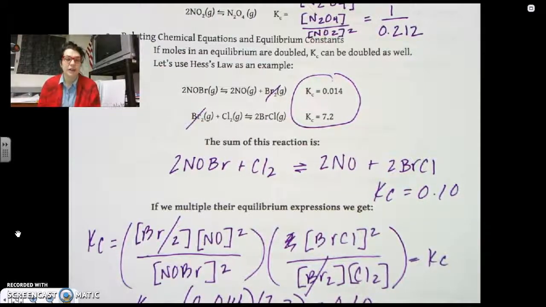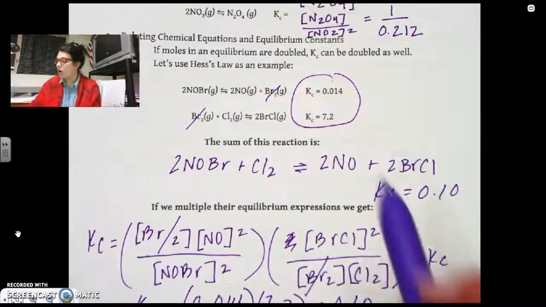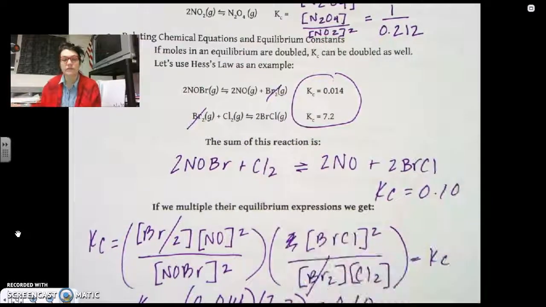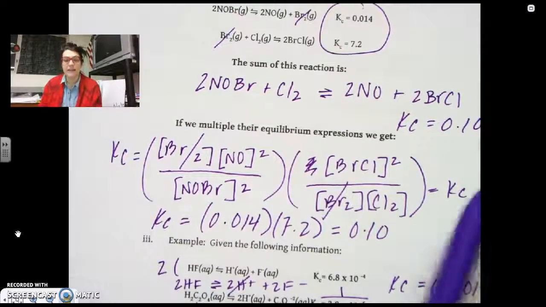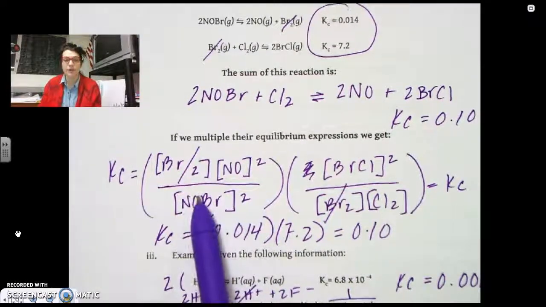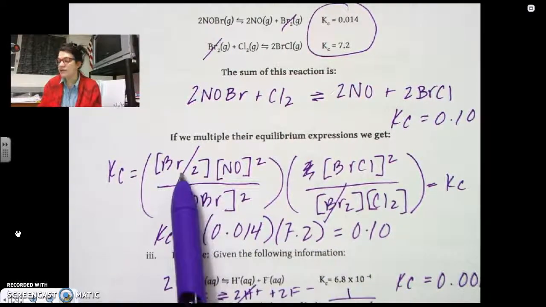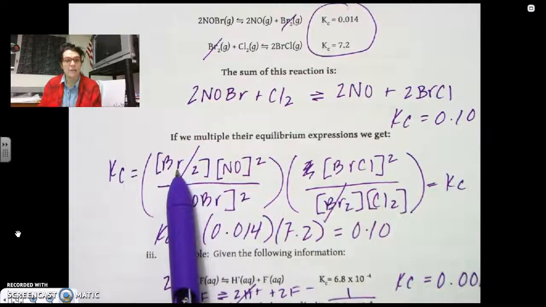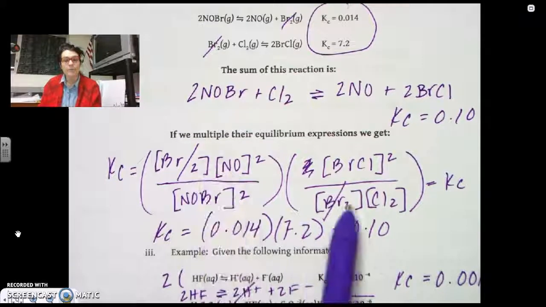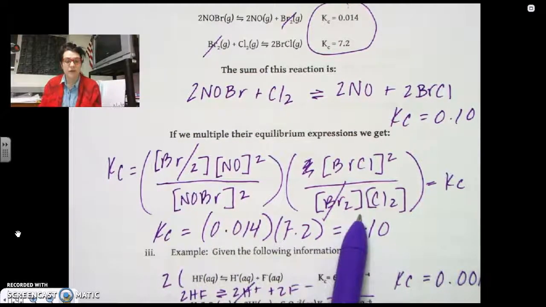And just like in our kinetics problems, if something is repeated on the reactants and products side, it's going to cancel, and we'll talk about why in a second. So Br2 is going to be canceled here. If I multiply their Kc's together, this is the Kc for the top reaction, this is the Kc for the bottom reaction, you'll notice that Br2 is in the numerator for the first reaction, where Br2 is in the denominator for the second reaction.